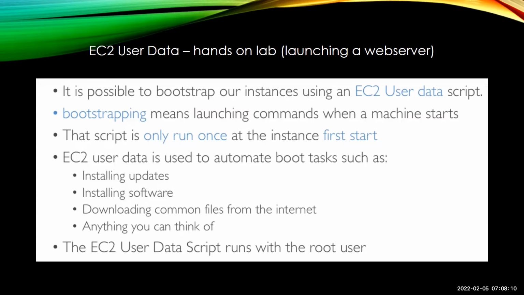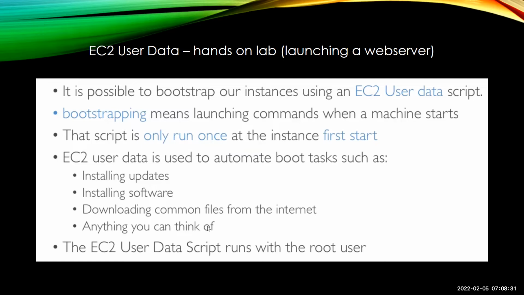There is one more configuration, we call it user data. So what is the purpose of user data? EC2 user data is used to automate boot tasks such as installing updates, installing software, downloading common files from the internet, anything you can think of.